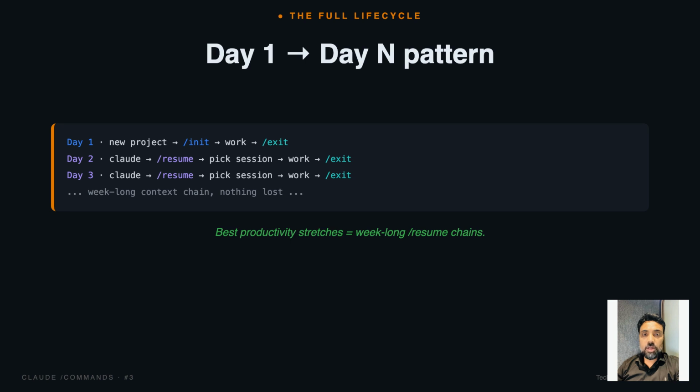Now, the boundaries between these three. /init and /resume are two different modes of starting. /init is for a new project, /resume is for continuing an existing session, /exit is for ending. So the typical lifecycle is first day on a project, run /init to generate the CLAUDE.md, then work normally, then /exit when done. Next day, run Claude /resume, pick your last session, keep going.